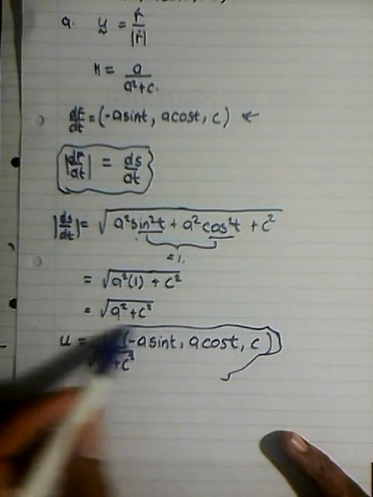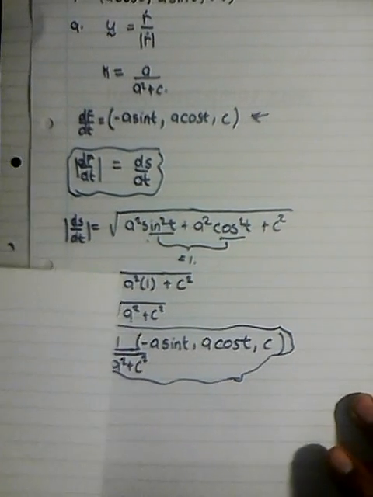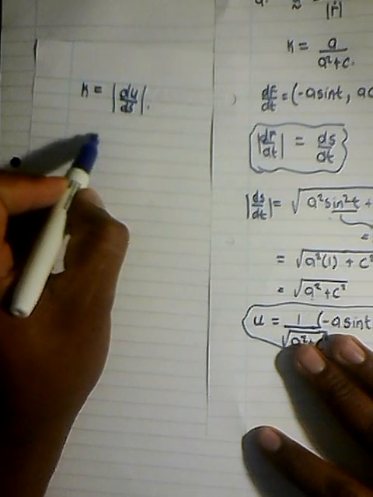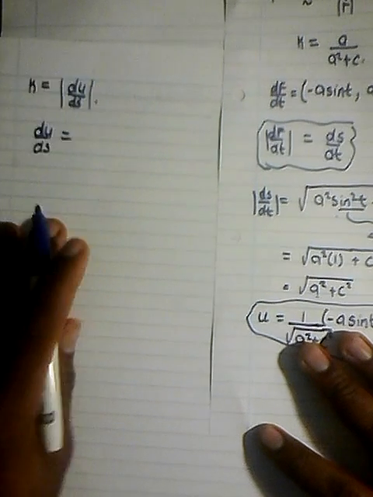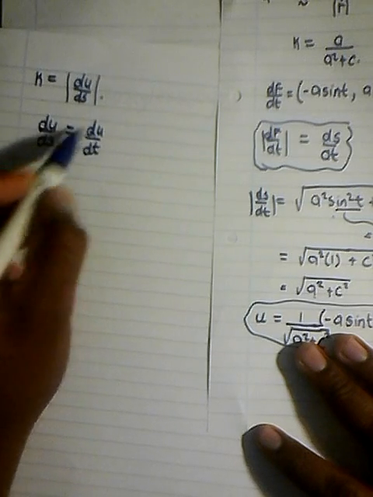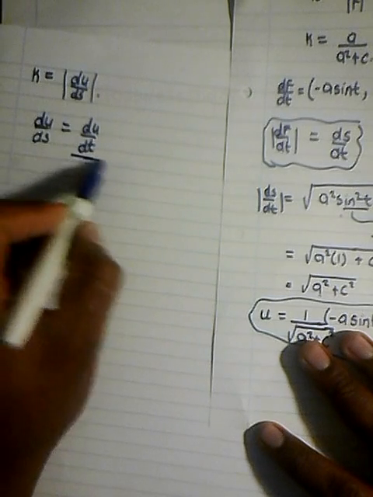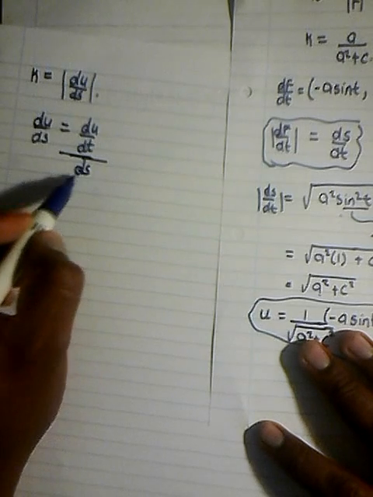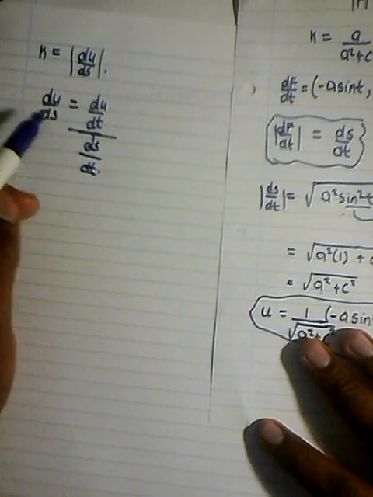This thing here is our u, and to determine k, we know from previously that k is equal to the magnitude of du/ds. So we're going to apply the chain rule here. To find du/ds, du/ds is equal to du/dt, the first derivative of u, divided by ds/dt.